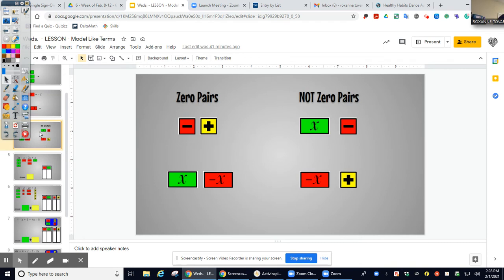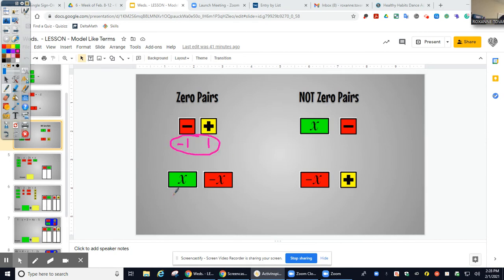All right. Now, let's go ahead and let's look at what zero pairs are and what zero pairs are not. So we can see here that a negative and a positive with no x's tied to it, just regular symbols, they make a zero pair, just like regular numbers, right? A positive 1 and a negative 1 make a zero pair. They cross each other out and they're 0.